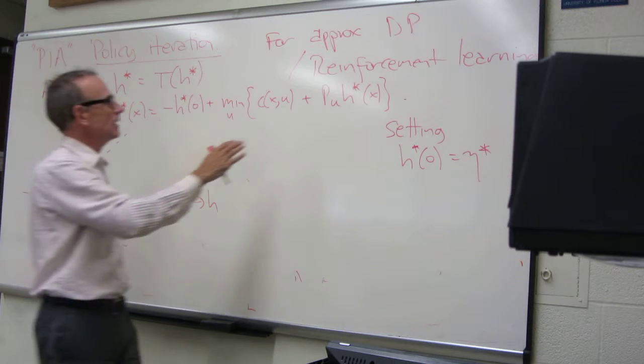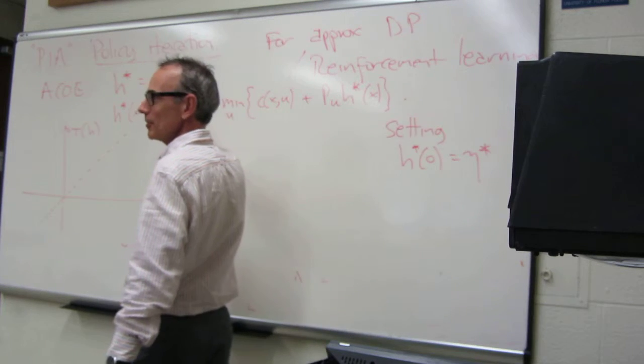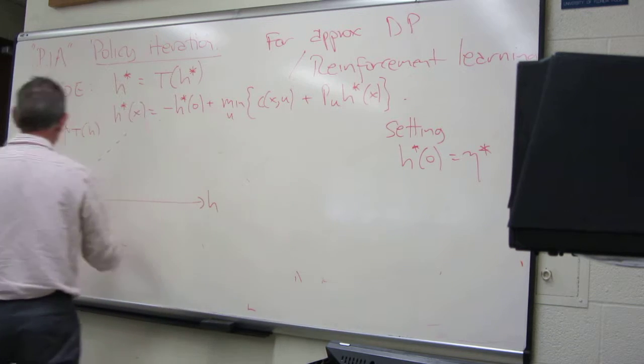As h gets larger and larger, this would blow up, but so would this. So it's hard to tell whether this, in some sense, is increasing or decreasing. So let's just forget about that. It's concave.